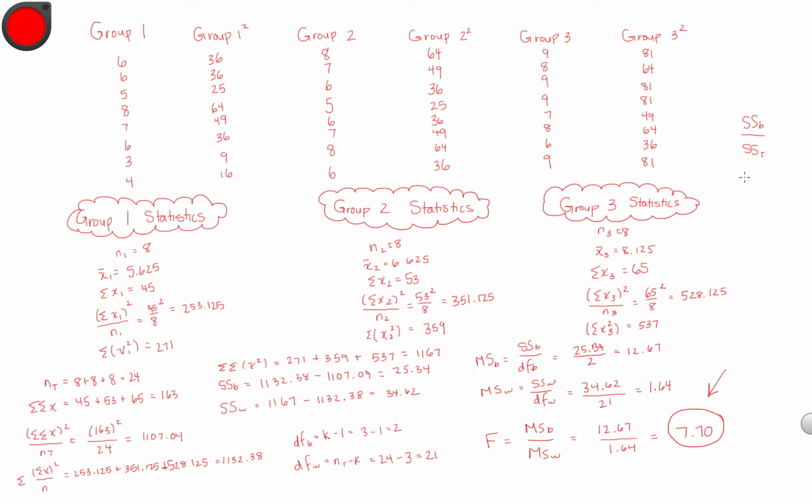You can look that up if you'd like some more information. I just want to briefly mention it because we already have SS between and within, which we can add together to find the total. So if you want to calculate the effect size, it's pretty simple to do, and it just takes a few seconds. So that's how you calculate the one-way analysis of variance and the effect size for the one-way analysis of variance.